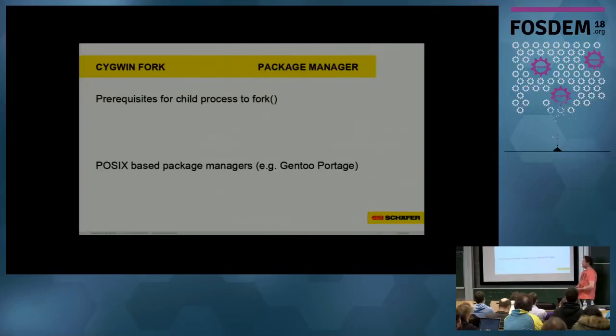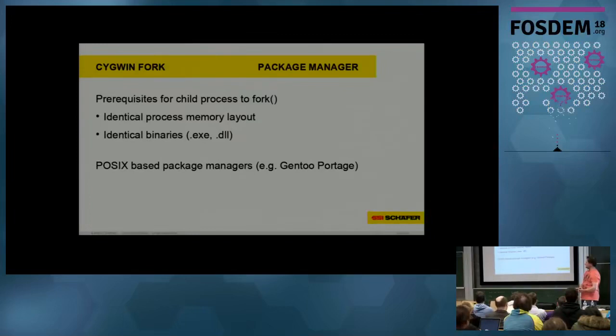But then the Cygwin fork as of now does have problems with package managers, because the prerequisite to make fork work on Windows is that the child process, created as a normal Windows process, requires the identical process memory layout as the parent process. Cygwin actually does start the child process from the original executables, suspends the child process, copies the memory from the parent process to the child process, and resumes the child process.